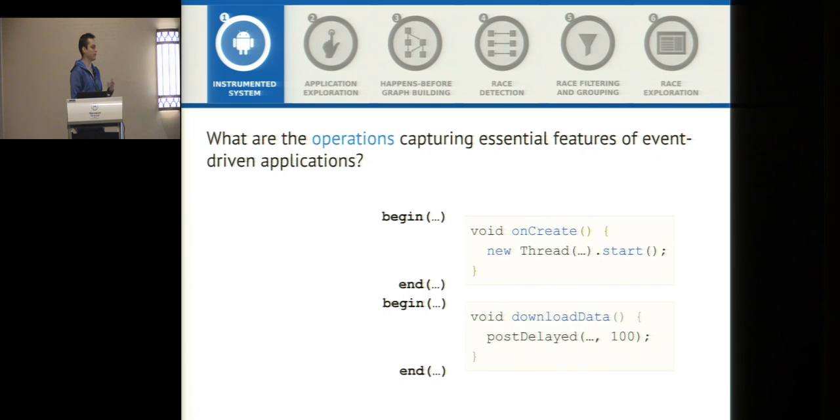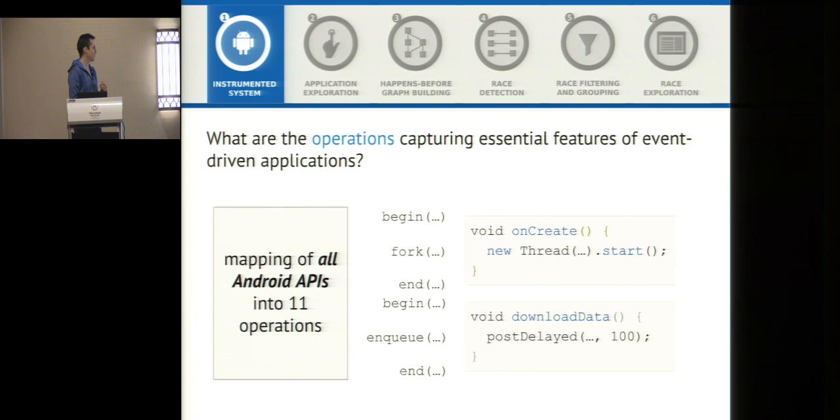Similarly, if I have the standard operations using threads, such as forking a thread or joining a thread, this is again an operation that I want to capture in my trace. Similarly, if the user uses some API provided by the framework, such as this call postDelayed, which schedules an event to be executed after 100 milliseconds, I again want to capture it in my trace.